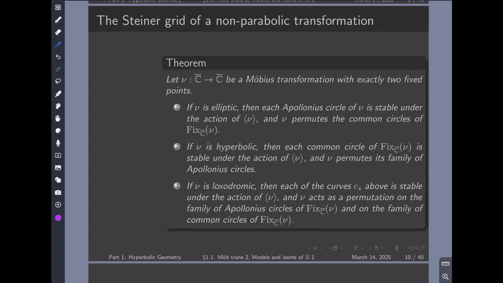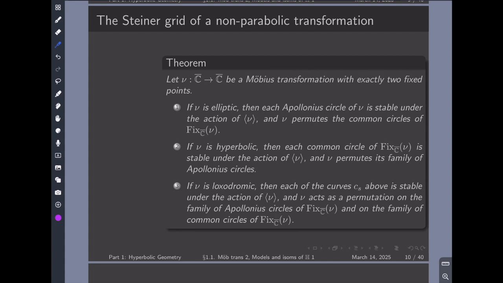Let me finish describing the result, and then we can see some animations. If nu is hyperbolic, so multiplication by a positive real number different from 1, when I take an Apollonius circle, the Apollonius circle is dilated or shrunk, so it's mapped to another Apollonius circle.